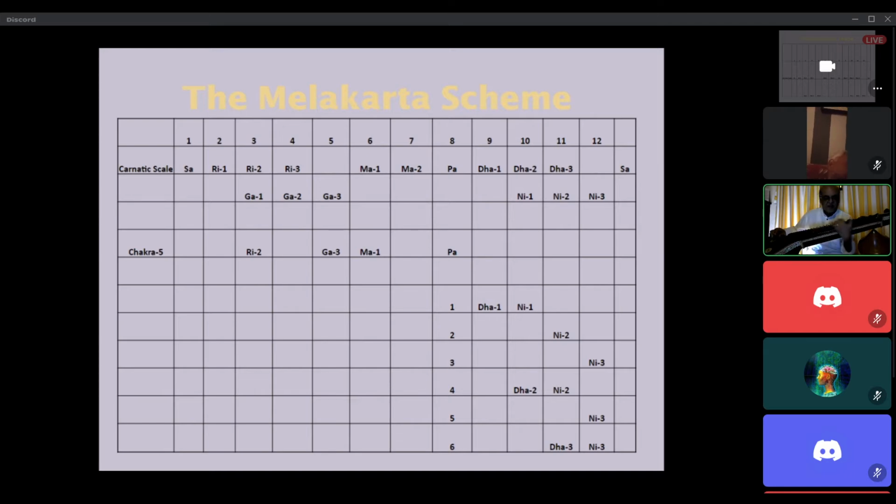So I have played choosing the second Ni, and then choosing the third Ni. This is our familiar Shankarabharanam, or major scale. So I have played two more ragas changing the Dha and using the two remaining Nis.